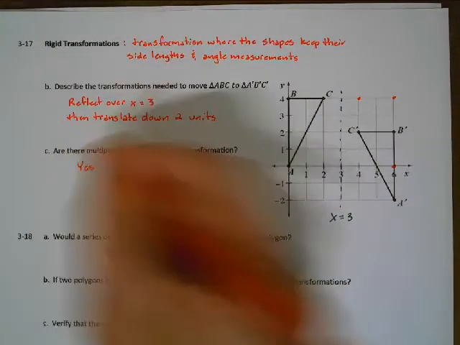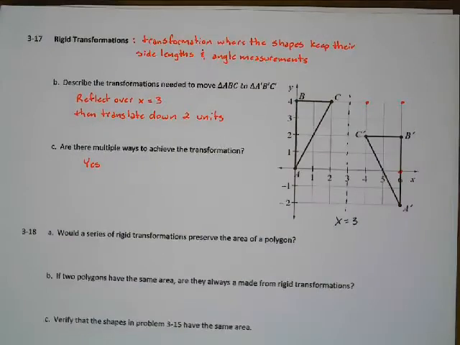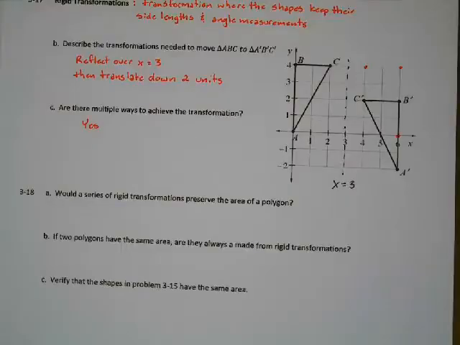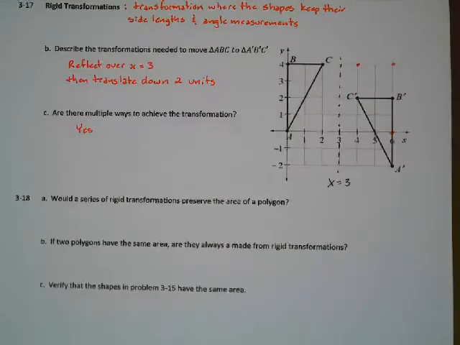There's always going to be multiple ways, so there's going to be more than one right answer for most of these transformation questions. It's just kind of what you are visualizing in your mind. And I'll teach you a little bit later how to double check what's going on by using slopes.